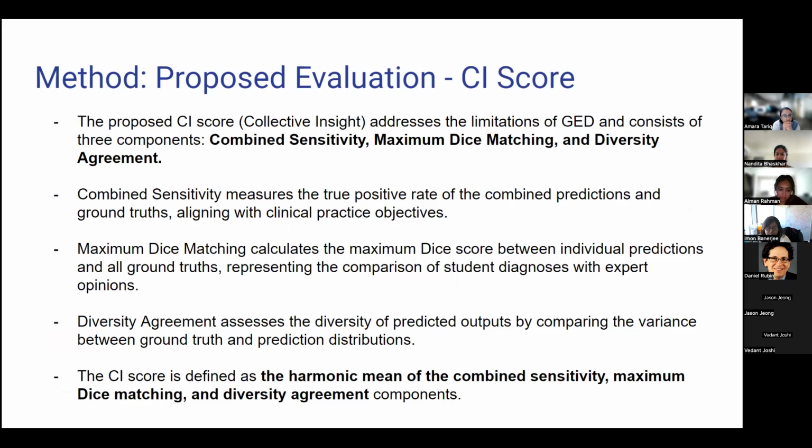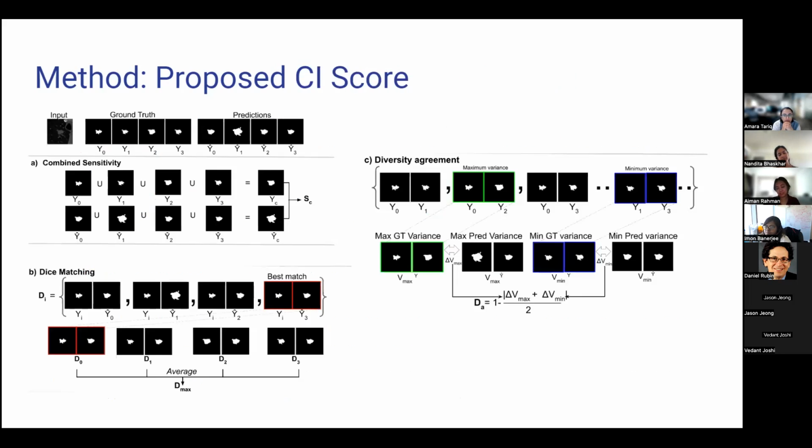The second aspect is the maximum dice matching, which calculates the maximum dice score between the individual prediction and all the ground truth. The idea is if you have a stochastic network, it might generate some random mask which a doctor would never annotate, right?